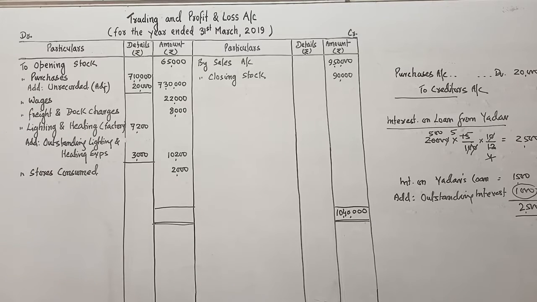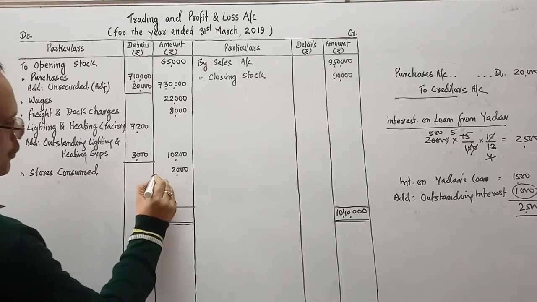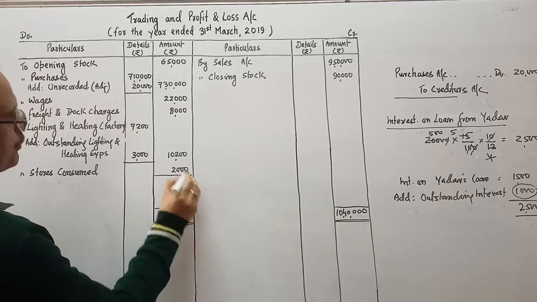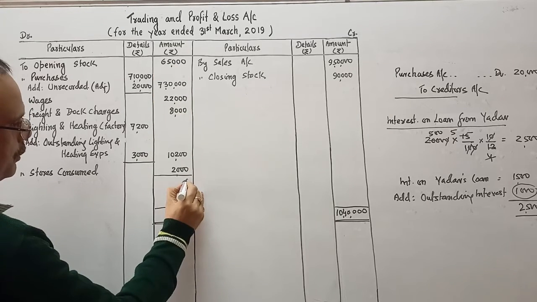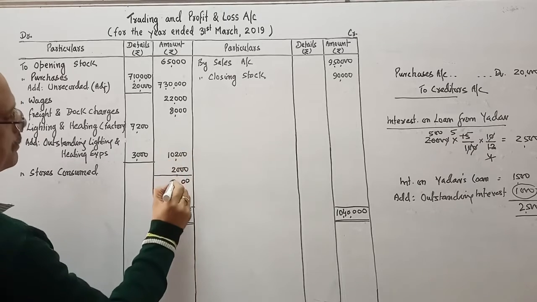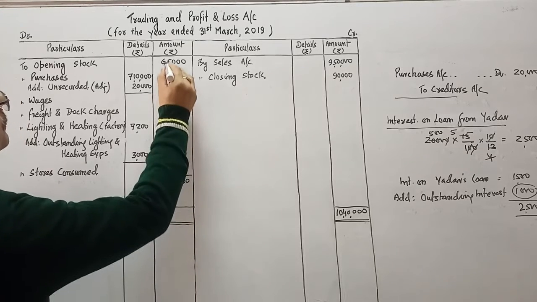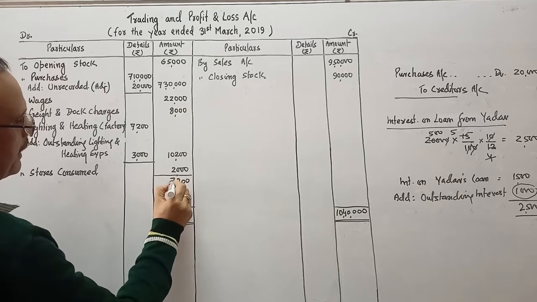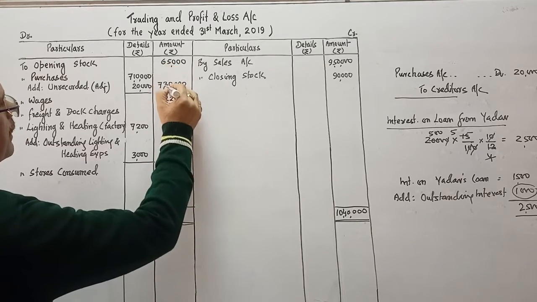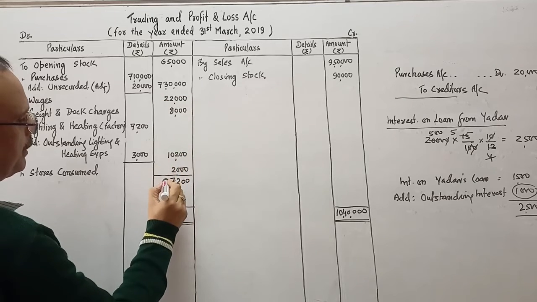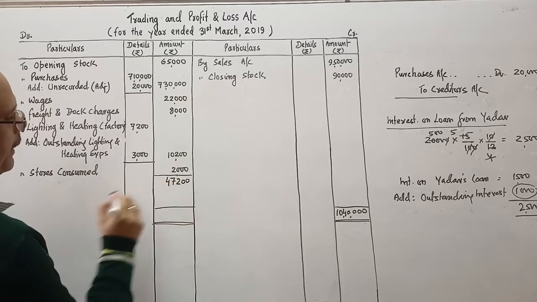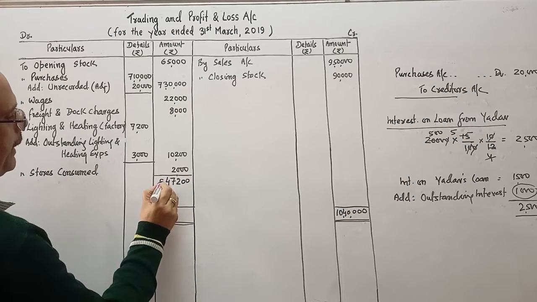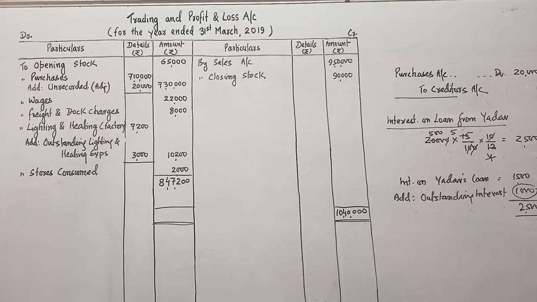Now you do the total of this side: 8,47,200.